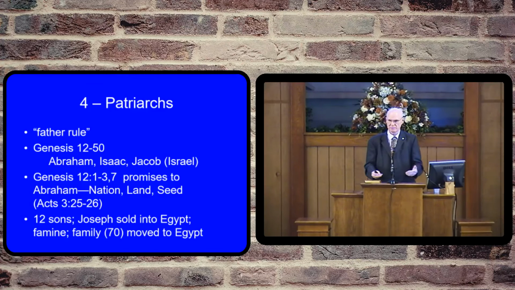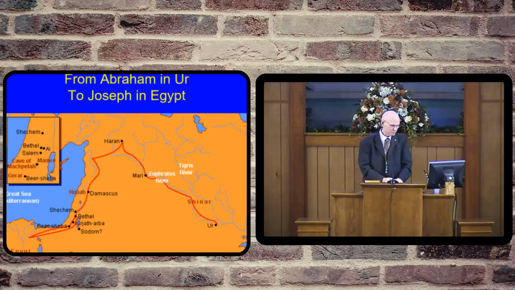A famine came to the land. There was no food. And Joseph sent for his father and all the family to move down into Egypt. About 70 of them came into Egypt there with Joseph. So we have the period of the patriarchs, with Joseph and the family moving into Egypt.